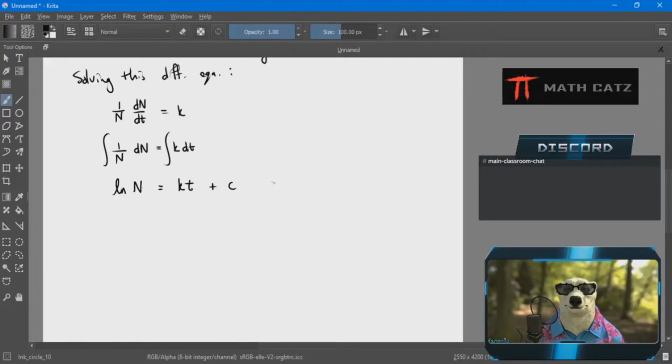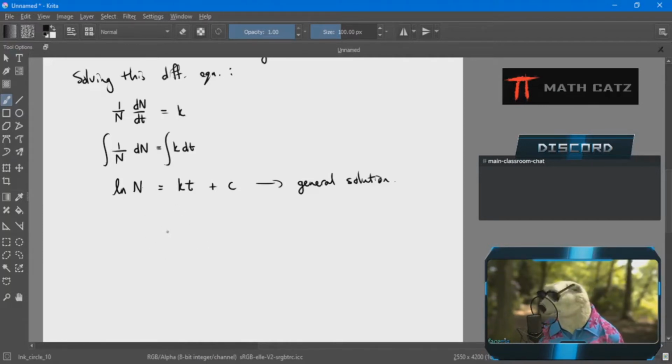Now, this would be a perfectly fine general solution under normal circumstances, but I have practical problems in mind, and so it would be beneficial for me to solve for n so that I can have a function that I can use to answer follow-up questions.